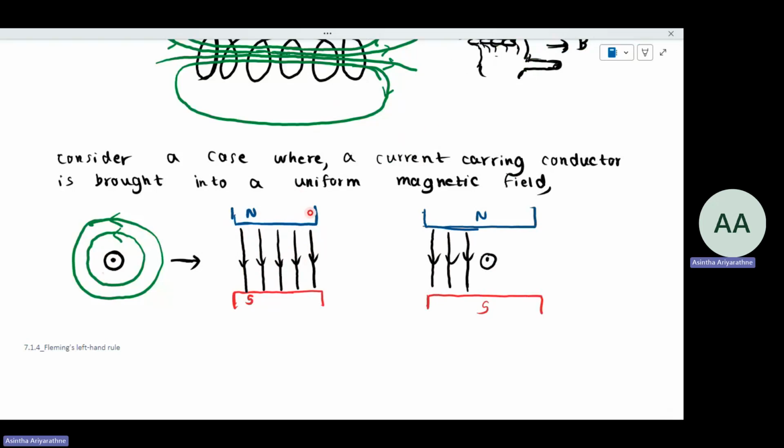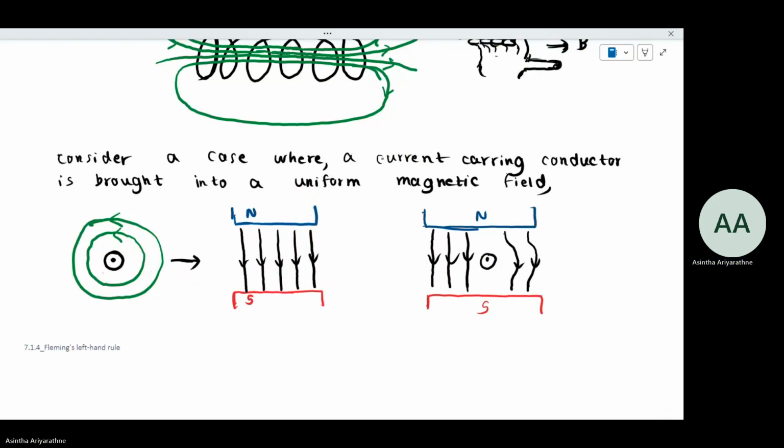Whereas on the right side, the permanent magnet would induce a magnetic field downward, but the magnetic field around the conducting wire would be upward. So they are in opposite directions. So here we would have a weaker magnetic field.